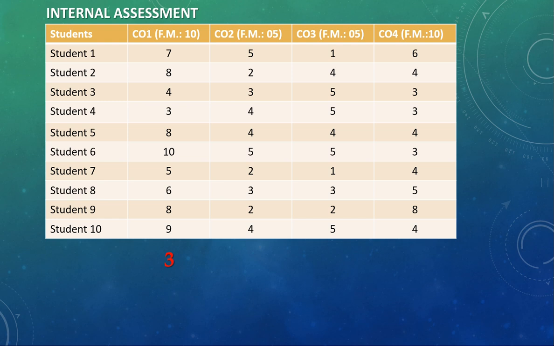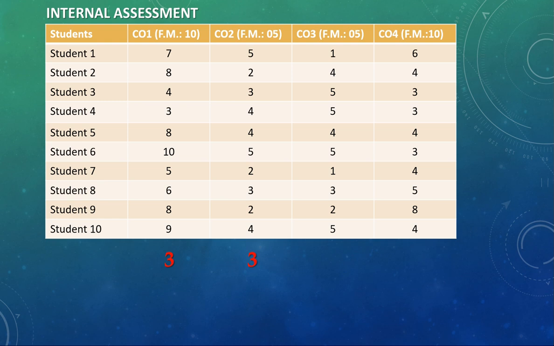In CO2, we also find a similar situation: more than 7 students, that is 70% of the students, scored more than 50% marks. Therefore, for this CO, the attainment level will also be 3. In CO3, what is the situation?